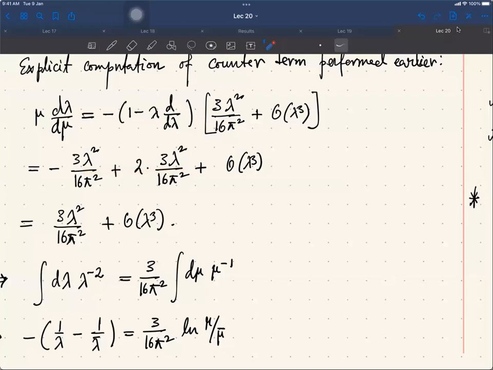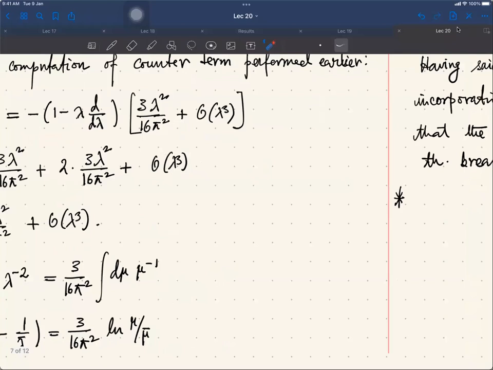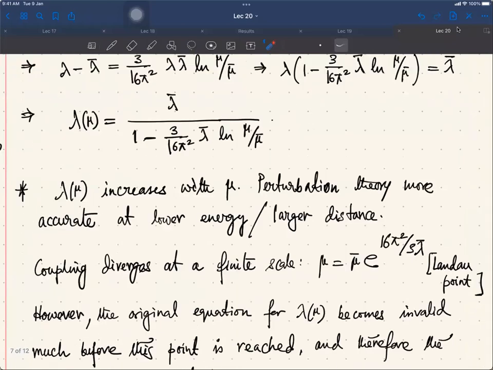Under lambda going to minus lambda, this remains the same, but the left hand side, which is linear in lambda, changes. Then you can simply conclude it from this.